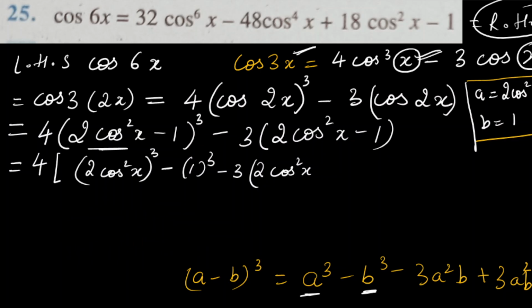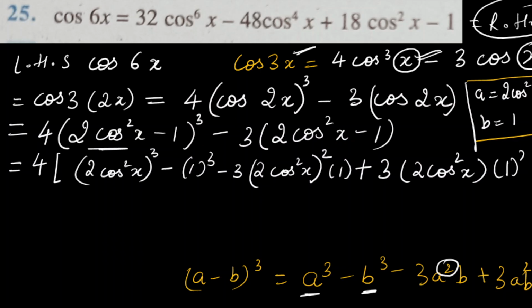So a cube minus b cube minus 3a square b, b is 1, plus 3a, a again is 2 cos square x, times b square, b is 1. So I've just applied this identity.